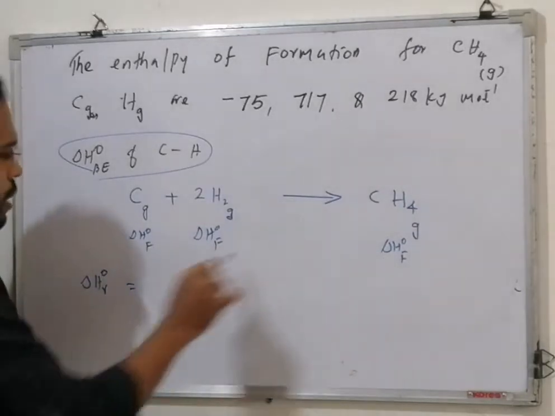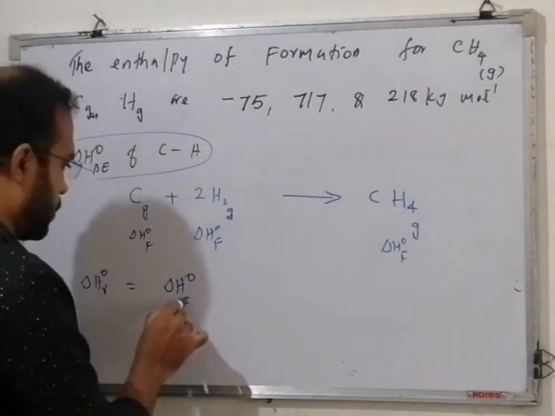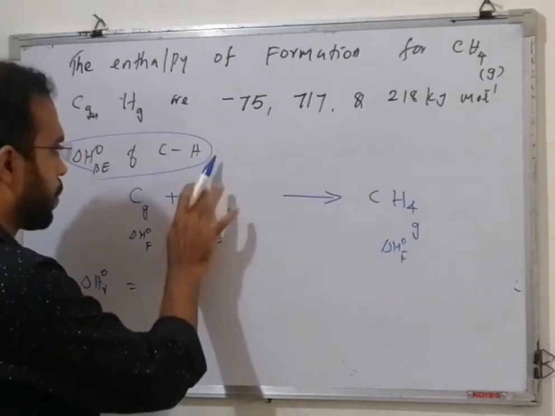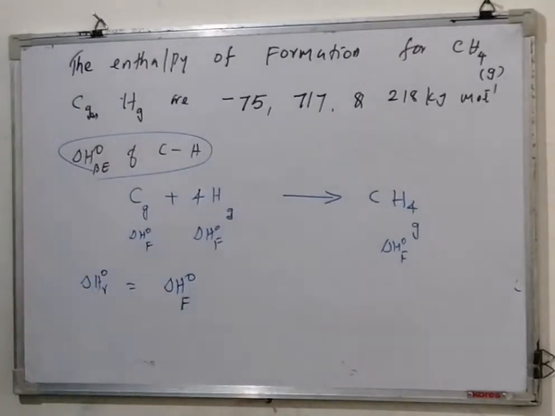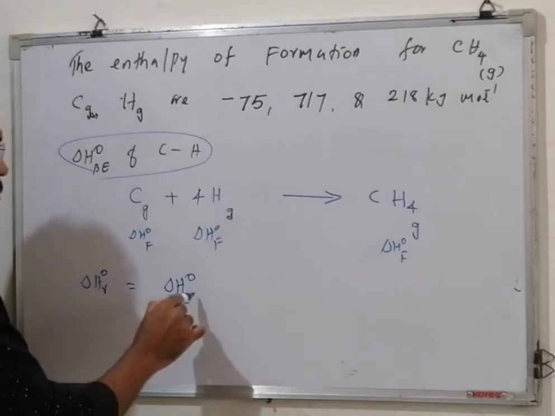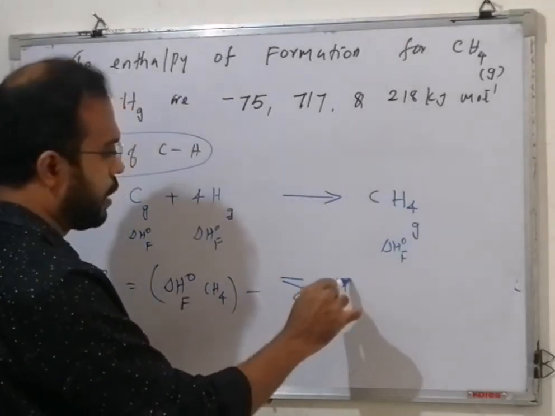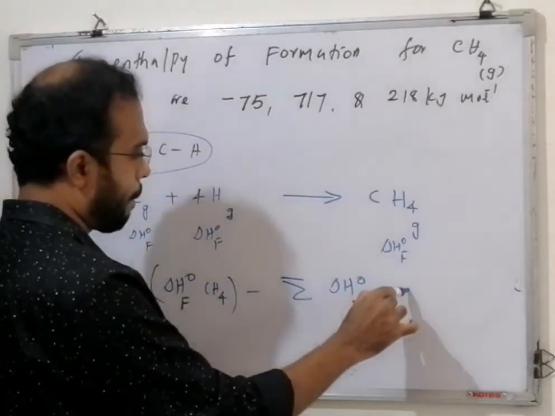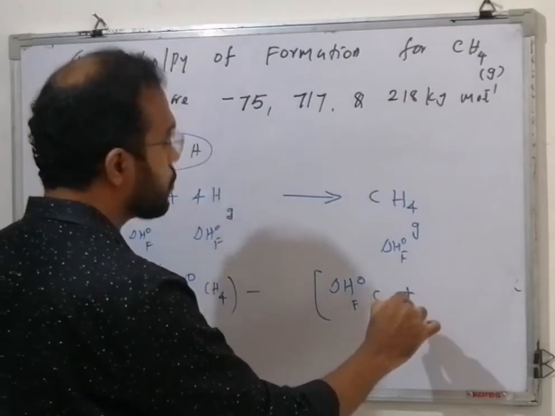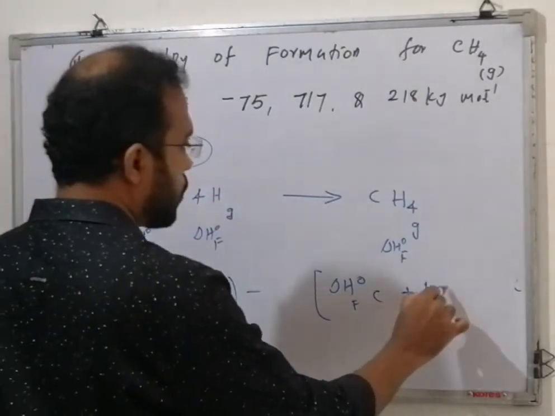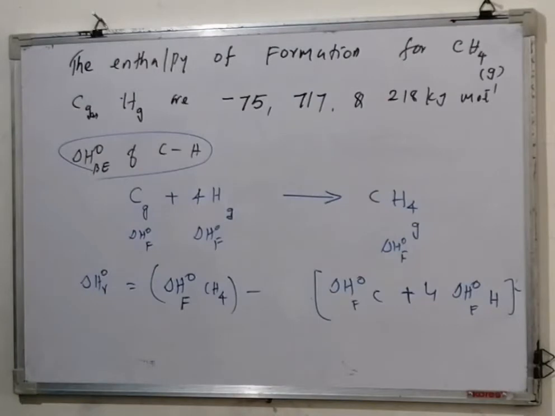You take the enthalpy of formation of CH4, minus the summation of delta H0 formation of C plus 4 into delta H0 formation of hydrogen. Okay? What is that value?